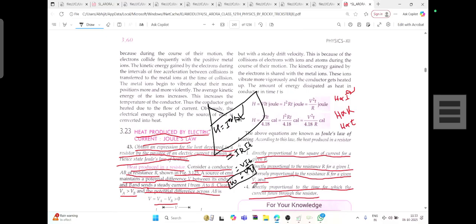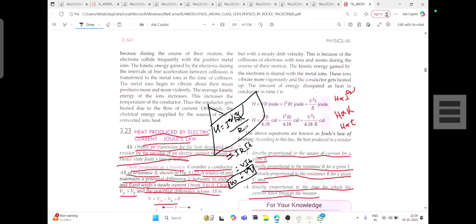So from here you can write I square R square divided by R. You can write it here like that.